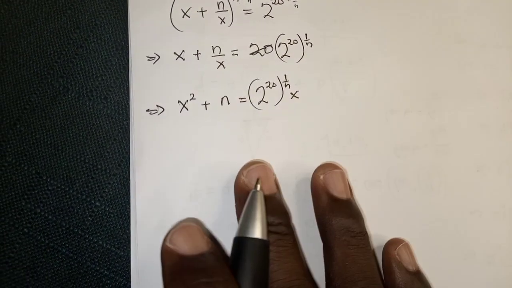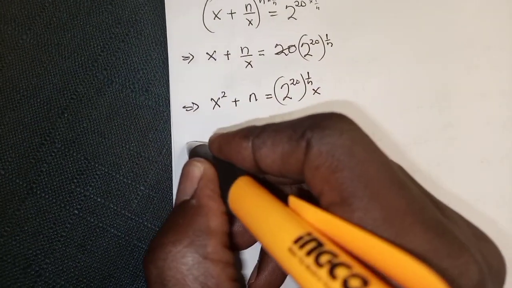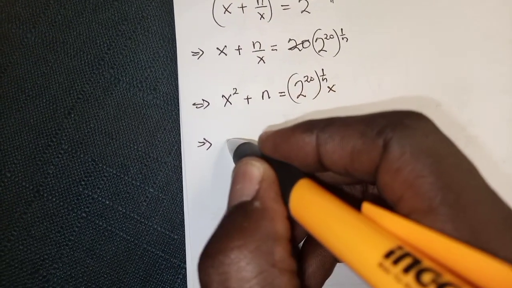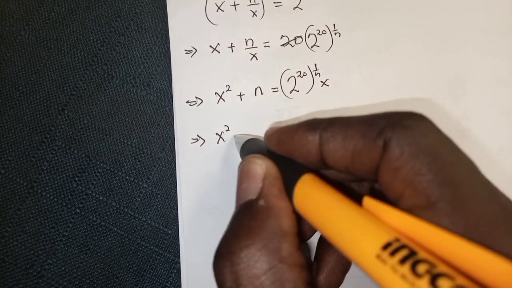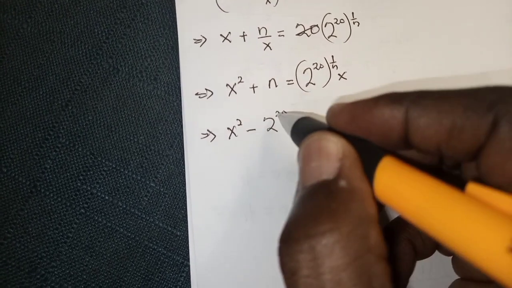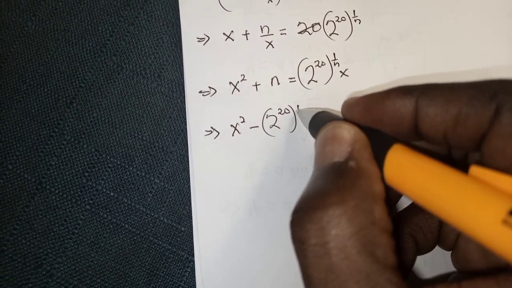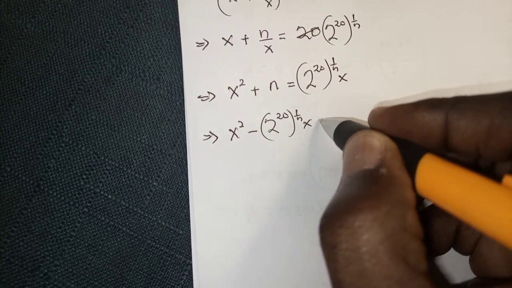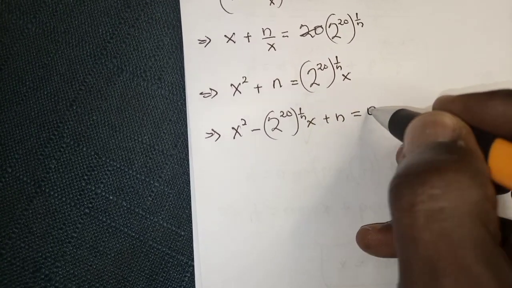We bring all the x's together, so this implies x squared minus 2 exponent 20 on n times x plus n equals 0.